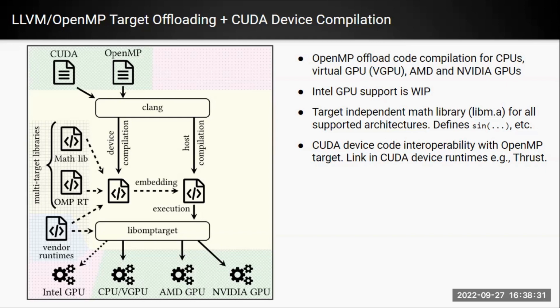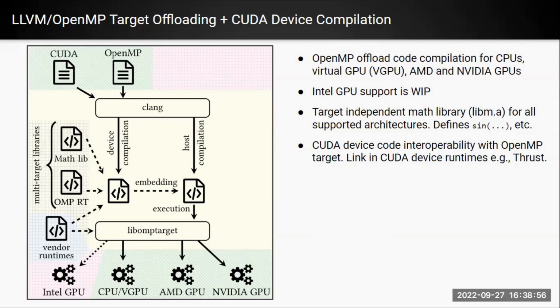We allow it through the new driver and the new embedding scheme, by basically using the new driver also for CUDA and changing everything to use the same embedding, with the sections and the section names, and how globals and kernels are registered, and how you merge the different device codes at device LTO time.